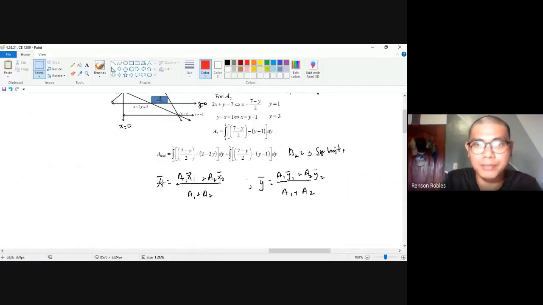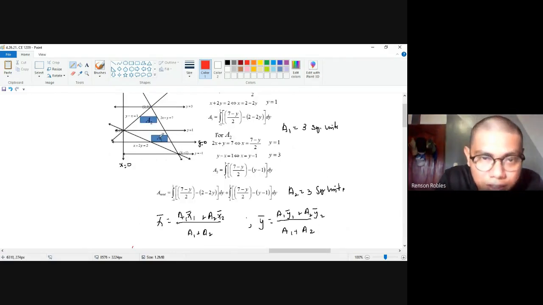So we have XC1, ibig sabihin, XC ng centroid 1. Ito yon. Then let's locate the centroid. Ito siya. Ito si y-axis. So this is YC1, which is equal to Y. And then ito si XC1. Then ito siya, si C2. Ito si YC2. And then ito si XC2.